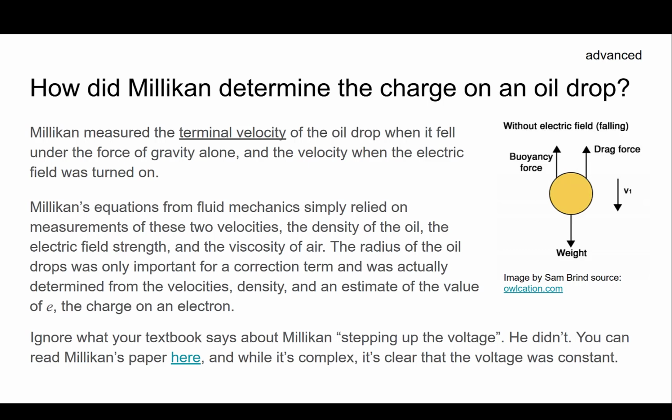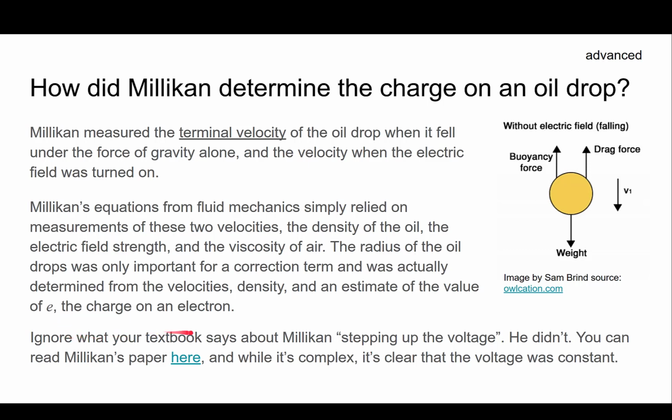But I think it's worth knowing that the real experiment involved measuring how quickly these oil droplets fell when there was no electric field, and then repeating the same measurements when the electric field was turned on and the oil droplets started to rise. It's much easier to do that than to try to perfectly set the voltage, the potential difference between the plates, so that the oil droplets are stationary. But the maths is really quite complicated.